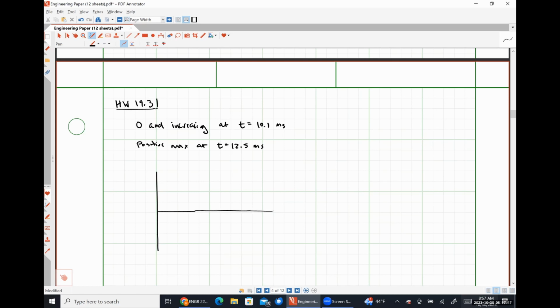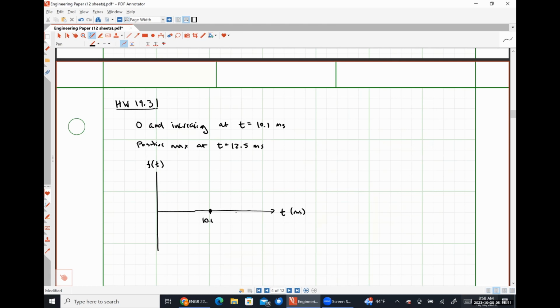So this is time, and this is our function. Let's just call it f of t for lack of a better name. We're told that at 10.1 milliseconds, our function is 0 and increasing.